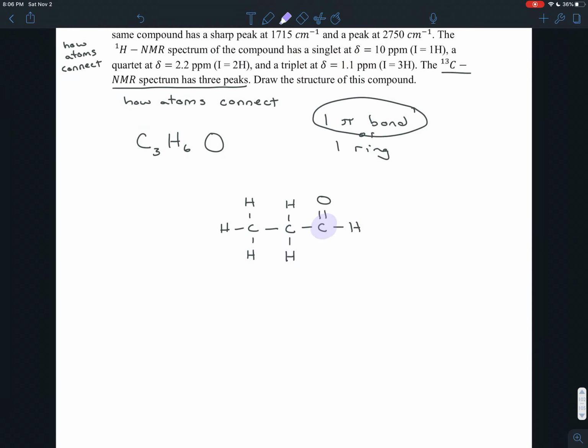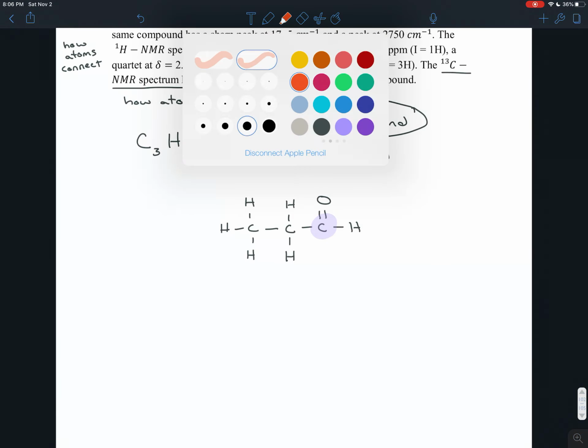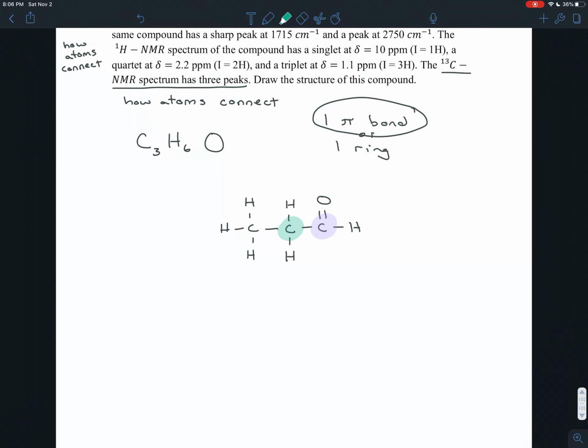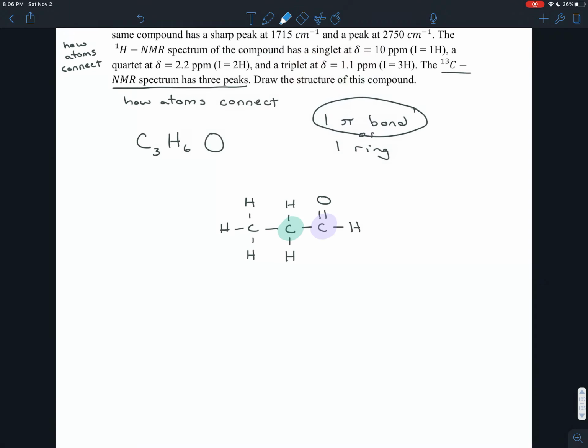This carbon on the right is immediately attached to a double bond. It's in a carbonyl. That's one electronic environment. The carbon next to it is bonded to 2 hydrogens, a carbon, and it's alpha to a carbonyl. That's a different electronic environment. The carbon next to that is bonded to 3 hydrogens, 1 carbon, and is beta to a carbonyl. So that is yet another electronic environment.